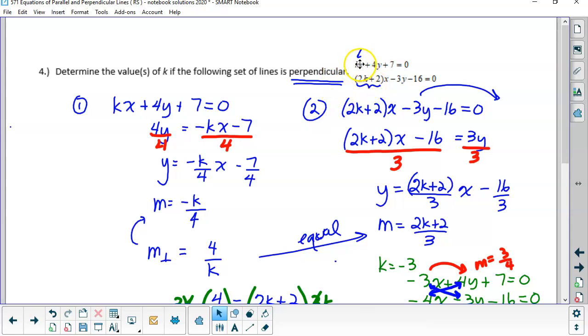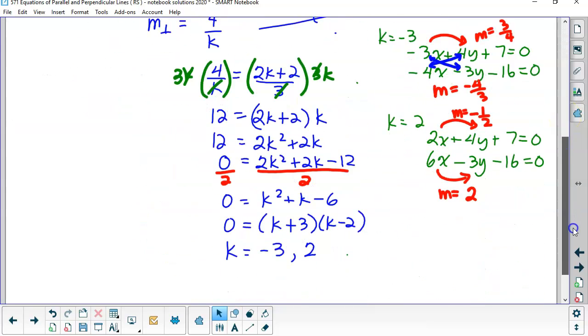Now you wouldn't get both of the k values though. So then you'd have to look at multiples, and that's where actually algebraically solving is definitely better. Okay.